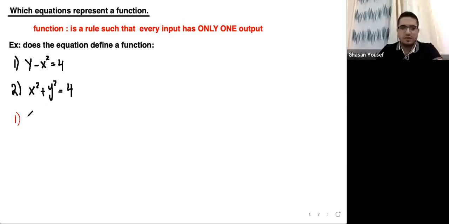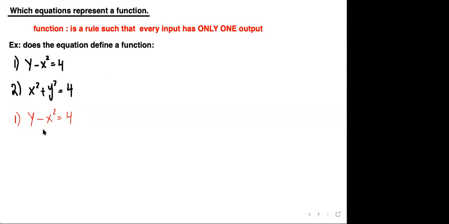So for the first one, when we solve the equation y minus x squared equals 4, the first step is to put this in the standard form, y equals, or solve it in terms of y. What should we do here to make y equal something? It's plus x squared on both sides.